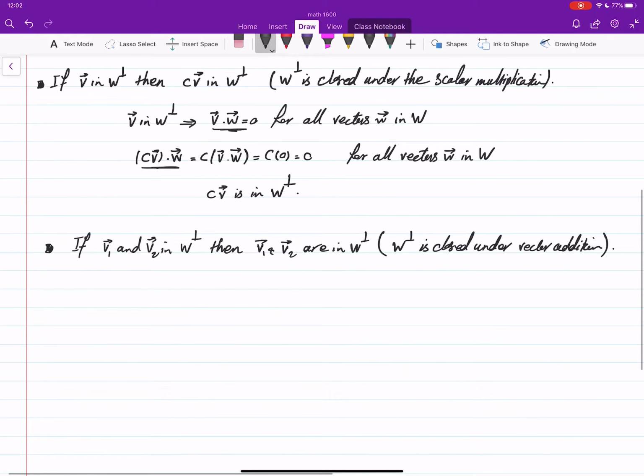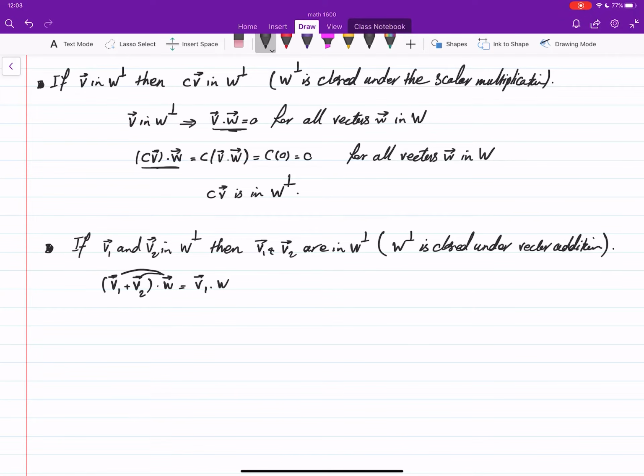And how does that work? Well, if v1 and v2 are in W perp, that means that v1 dot w is equal to 0 and v2 dot w is equal to 0. Now we want to show that v1 plus v2 dot all the vectors in W is going to be equal to 0. We know that dot product can be expanded over the vector addition.